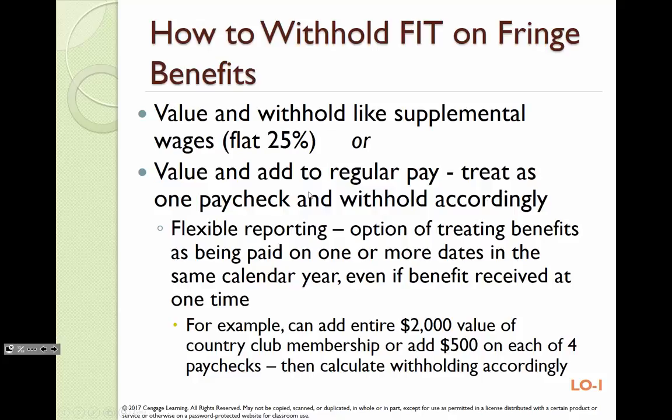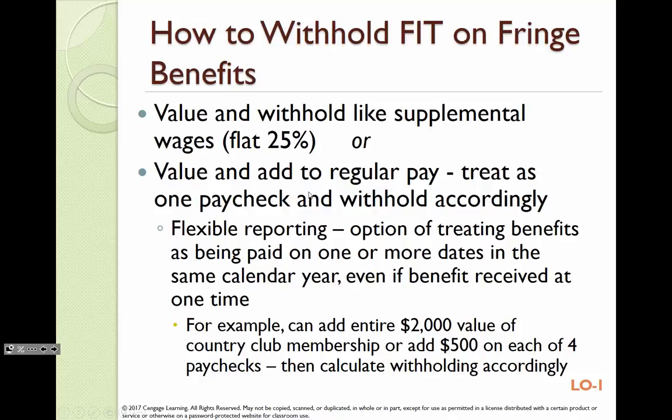Or I can take that 30,000 and add it to your regular check over one check, 2 checks, 4 checks, 12 checks, whatever we decide to do. So flexible reporting, the option of treating the benefit as being paid on one or more dates. So I can do really whatever I want.